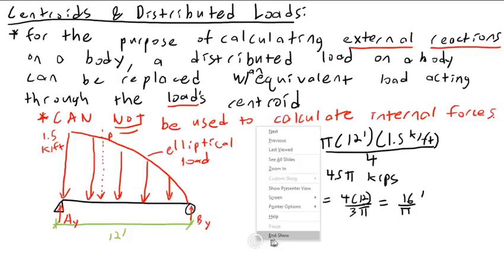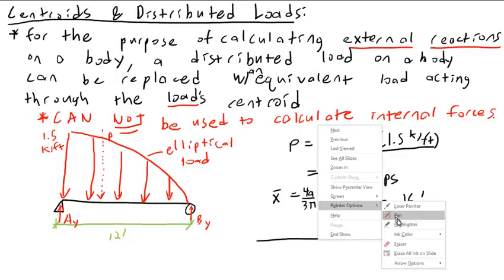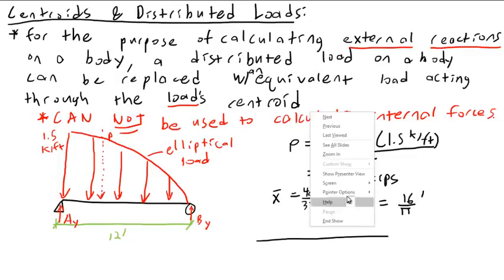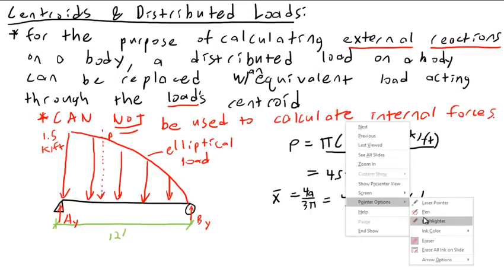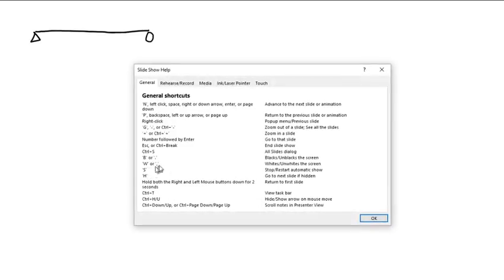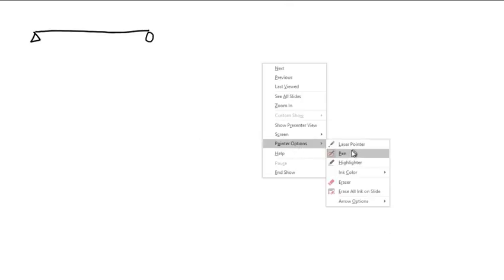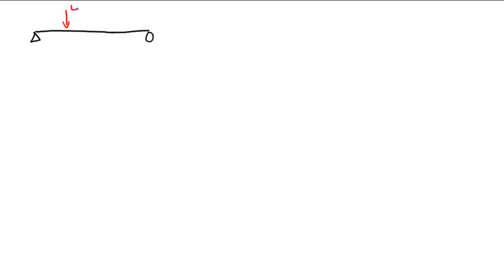So then I have a beam like so. Actually, maybe I'll draw it on the next page. So what I've done is I've replaced this distributed load with the following system. I have a beam. Instead of that ugly distributed load, I now have a nice pretty load in terms of pi. This is 4.5 pi kips.